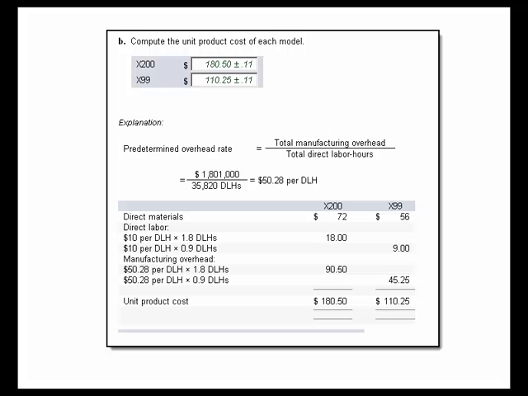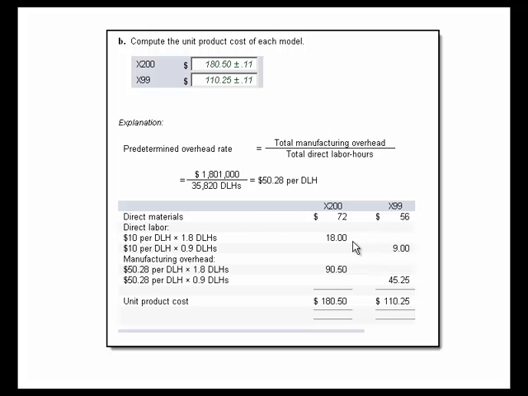Okay, next we need to calculate the unit product cost of each model, and that comes out to be $108.50 and $110.25 given the numbers on this particular problem. Well, how did we come up with that? Well, we follow what we see down here. Direct materials was $72 and $56 for X200 and X99. That's given in the problem.